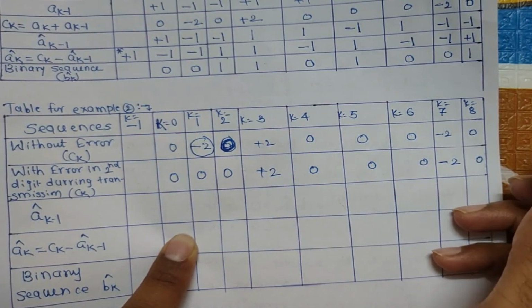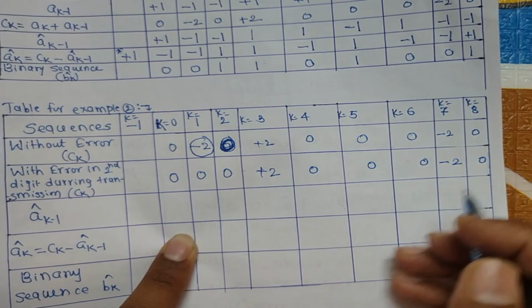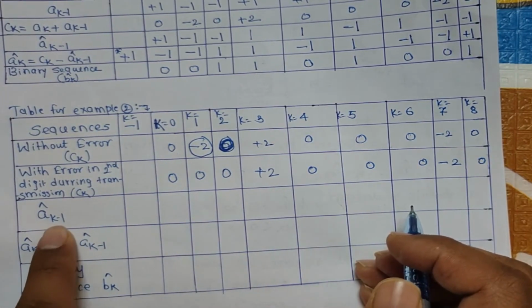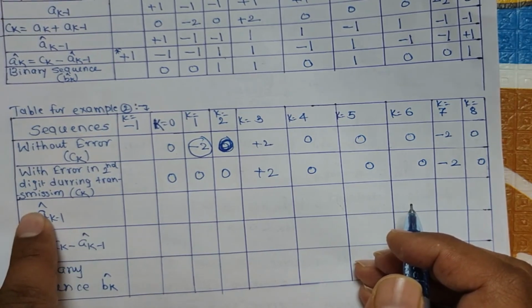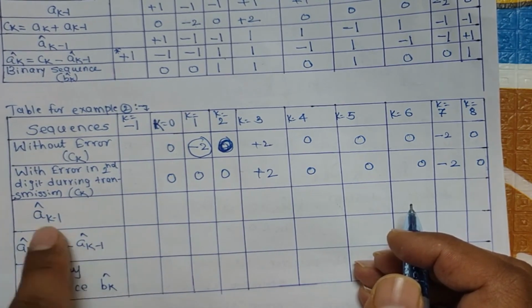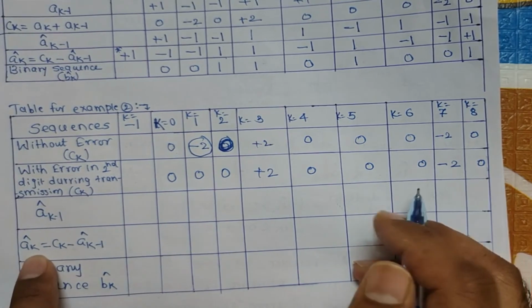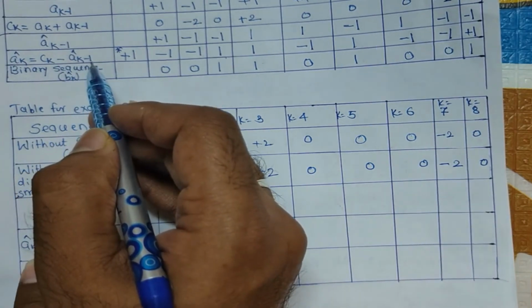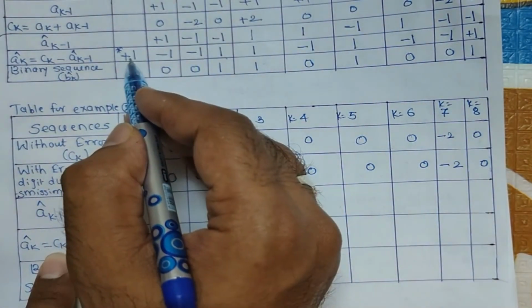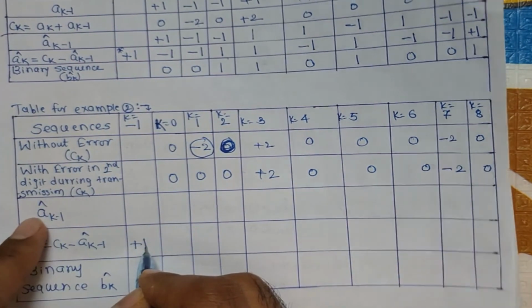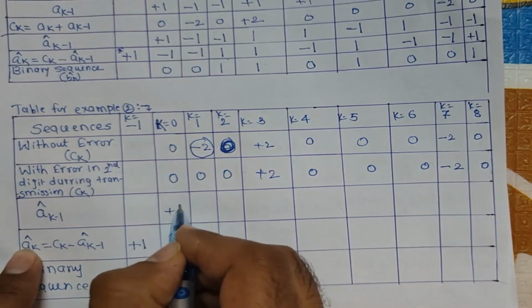Now let me write the value of AK cap minus 1, the estimation from AK minus 1. Before writing this, first I can write the value of AK cap. We know that AK cap is CK minus AK cap minus 1. First, plus 1 as it is. Now this is the delayed version of AK, so that can be written here, plus 1.